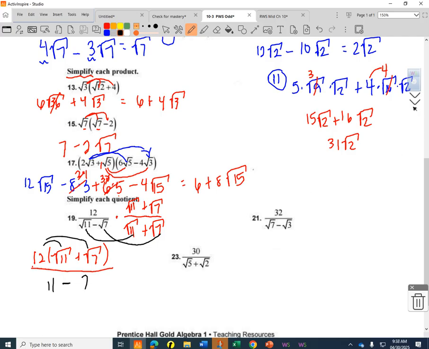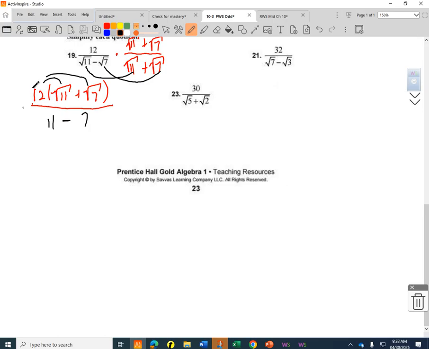Well, actually, I can make this the final fraction. So this would be 12 square root. Actually, let's do this right here. Let's go ahead and simplify this in here. That make sense to everyone? All right. Can we cancel 12 and 4 here?